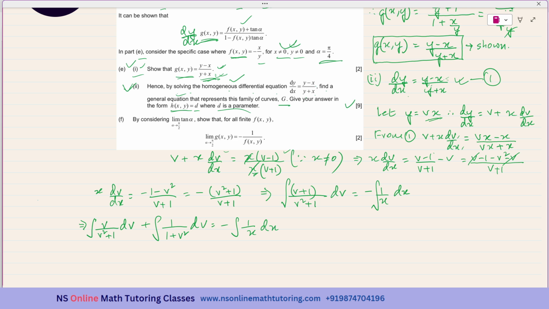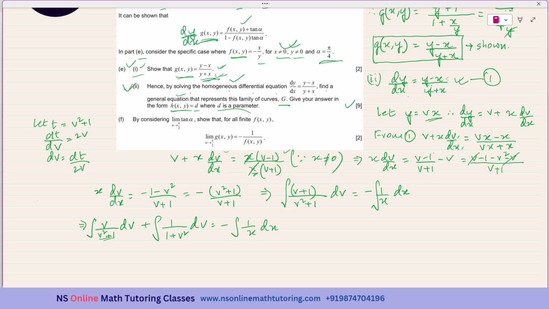Okay. And for this, I can actually use the substitution method. I can take, let t be equal to v square plus 1. So dt by dv will be equal to 2v, or dv will be equal to dt over 2v.